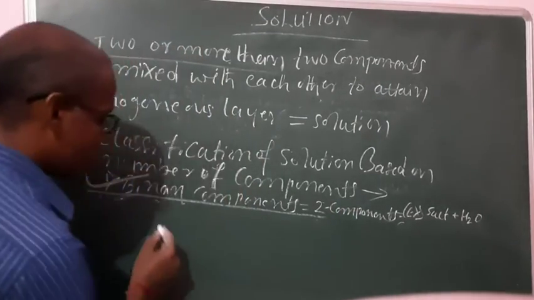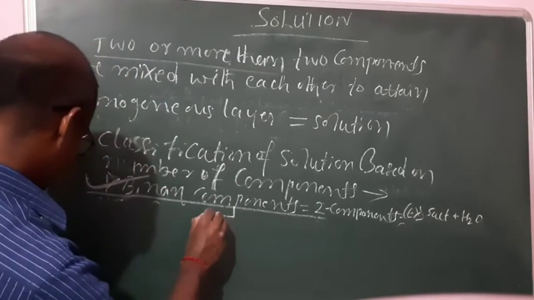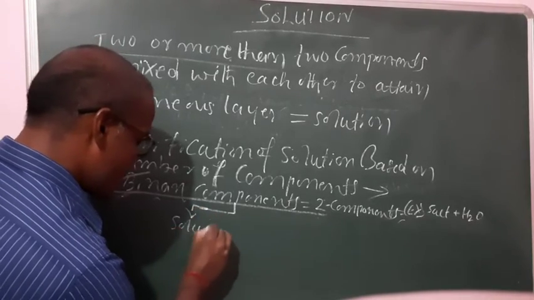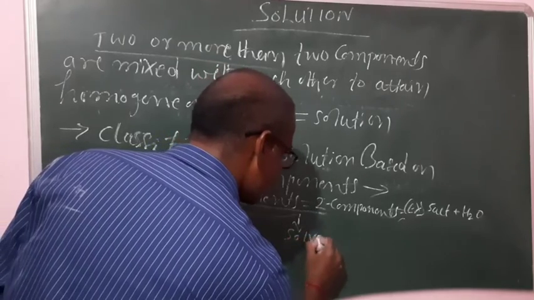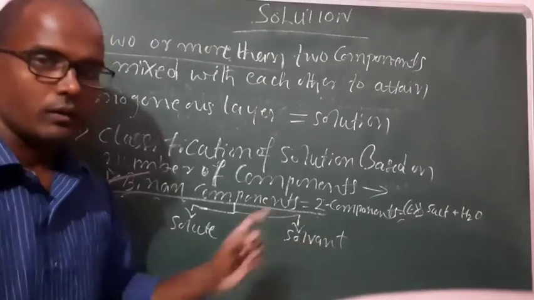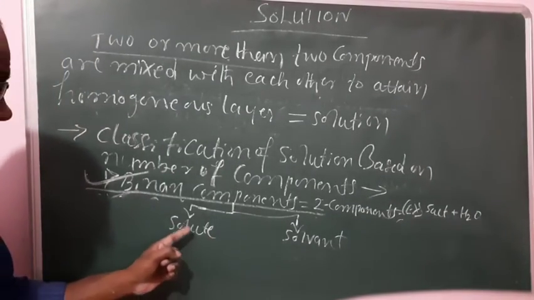So the components are, the first one is solute, second one is solvent. First one is solute, second one is solvent. So what is solute here?